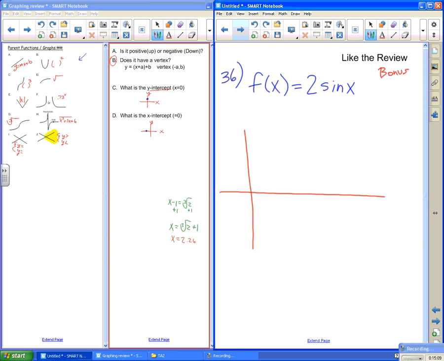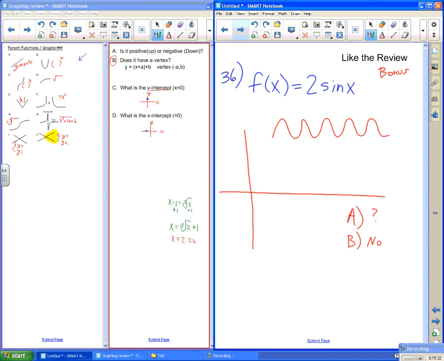Okay, so we know it's going to be one of these because that's the only kind we haven't really dealt with. And if I plug in 0, so is it positive or negative? I don't know what that means. Does it have a vertex? It doesn't have a vertex. So A, we're going to say question mark. I don't know. B, no.